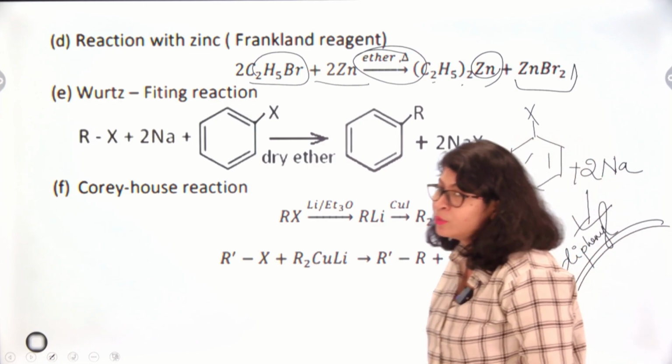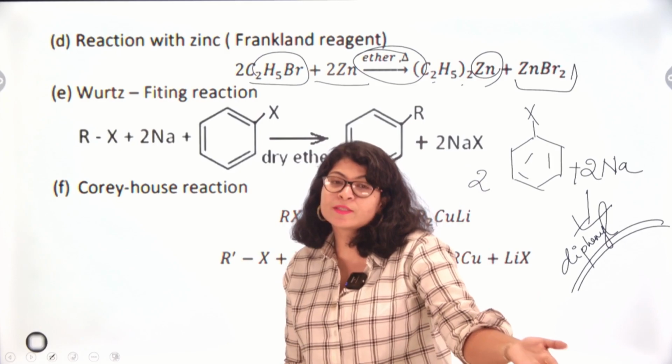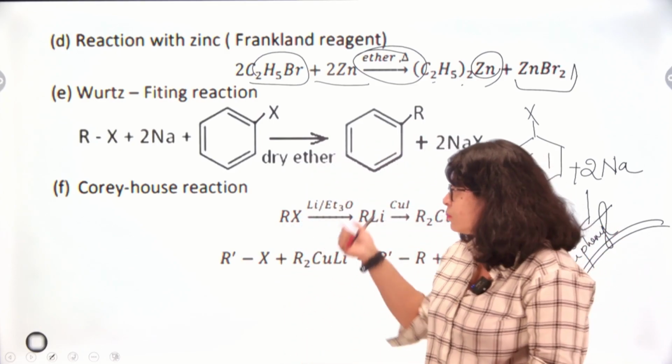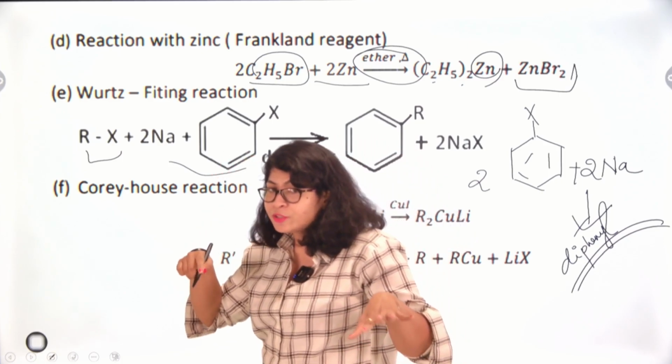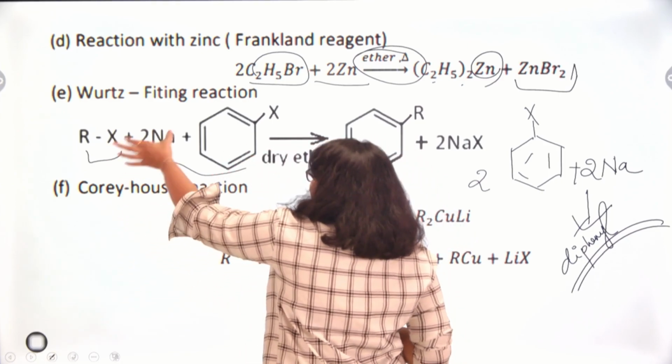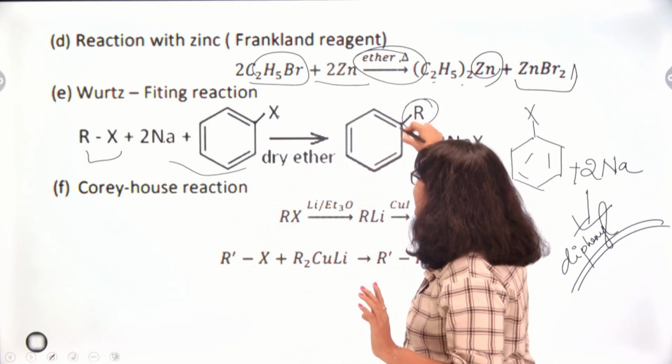Diphenyl will be produced in this case. This was the Fittig reaction. Wurtz reaction was taking place in case of alkyl groups. Now if I combine this Wurtz and Fittig, I will get the Wurtz-Fittig reaction. Here NaX will be removed and the R will be attached in the place of that X.